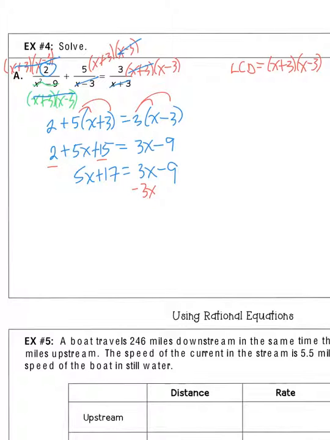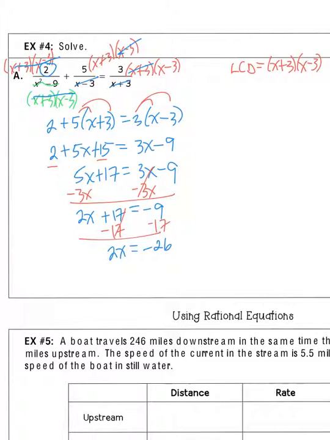Move your 3x, and you get 2x plus 17 equals negative 9. Move your 17, and you get 2x is equal to negative 26. Divide by 2, and you get negative 13.